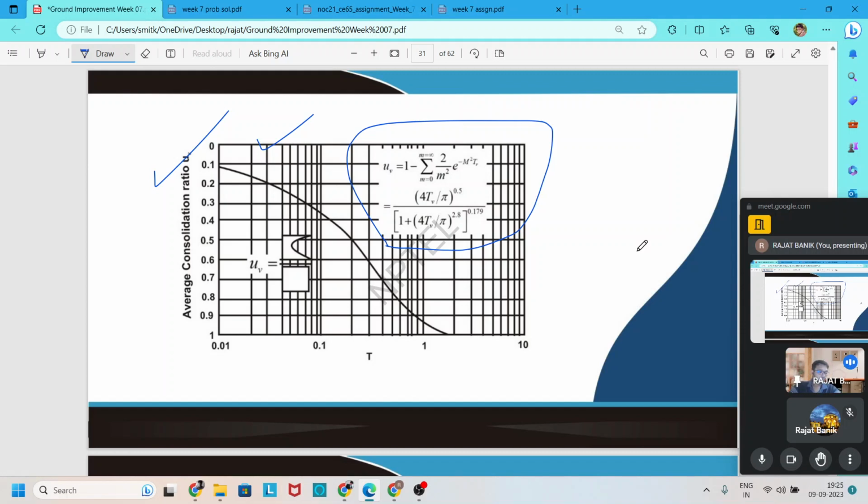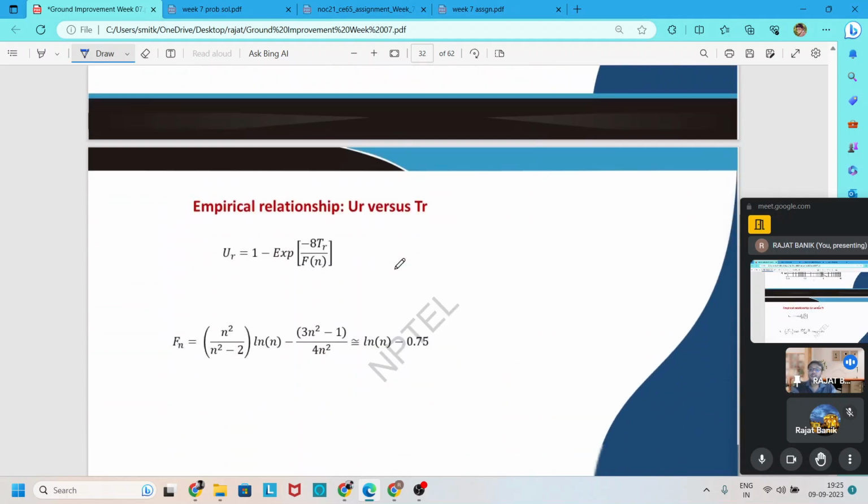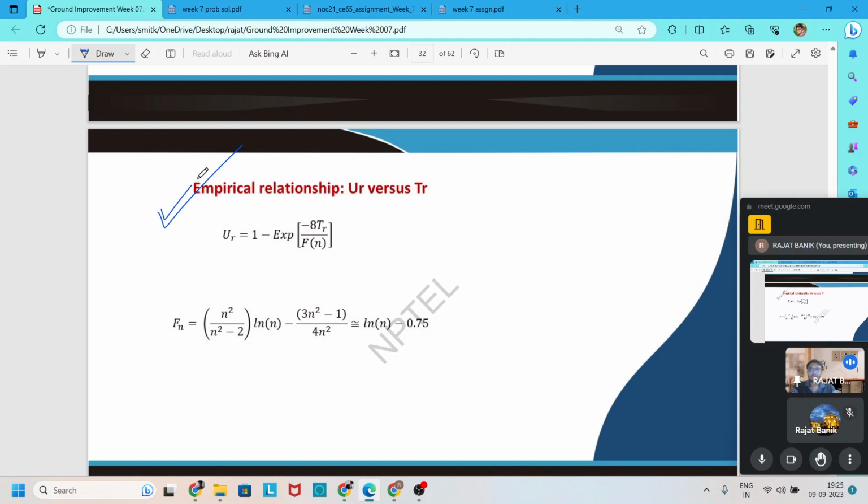Now for radial drainage, we apply an empirical formula to find the degree of consolidation, which is based on the time factor for radial drainage. Here it is given that the degree of consolidation for radial drainage is equal to 1 minus e to the power minus 8 Tr divided by Fn, where Tr is the time factor.